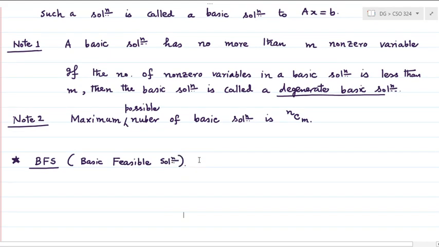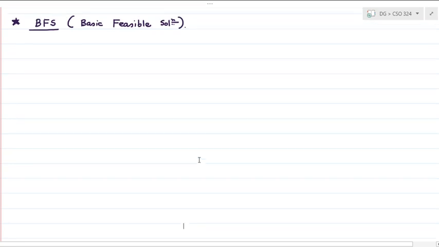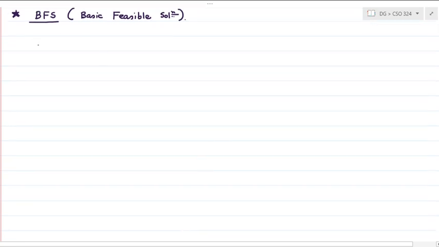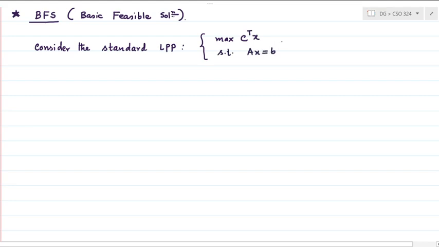Consider the standard LPP that maximization of c transpose x subject to Ax equals b, and here all the dimensions are as usual.